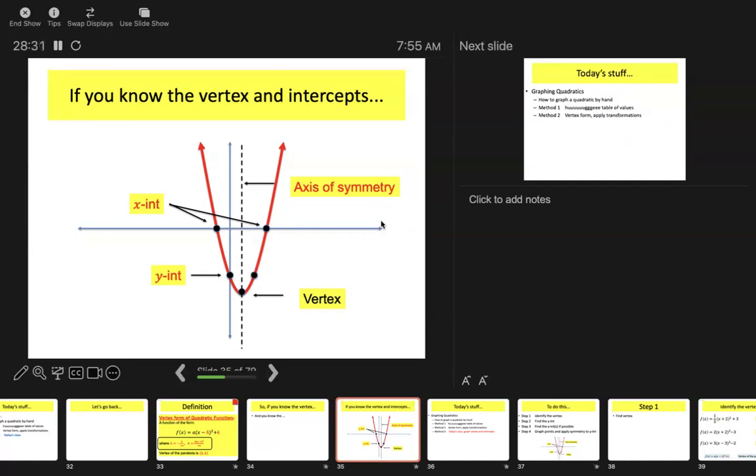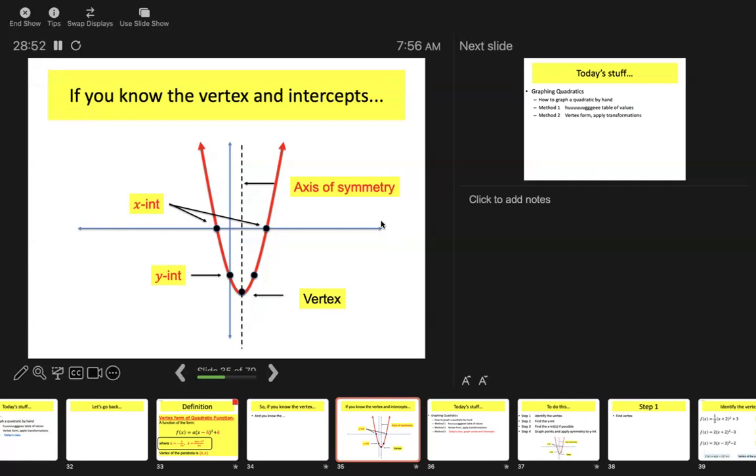All right, cool. If you know the axis of symmetry, then you know that any point you find on the left side or the right side has a partner on the opposite side. So for instance, if this x-intercept is 3 units away from the axis of symmetry, on the other side there's another point that's 3 units away, which is quite convenient.